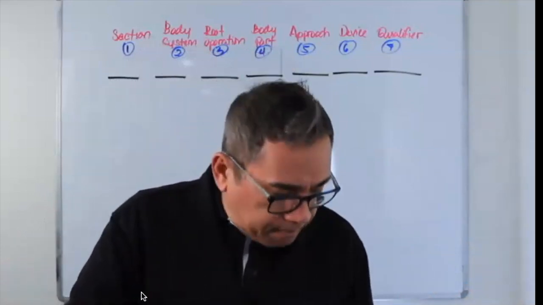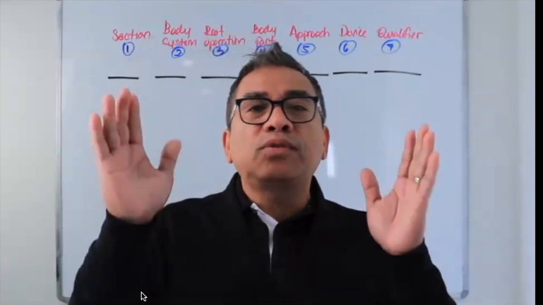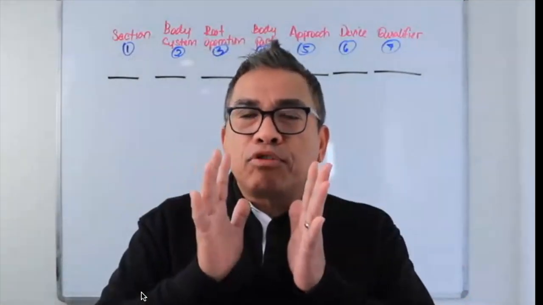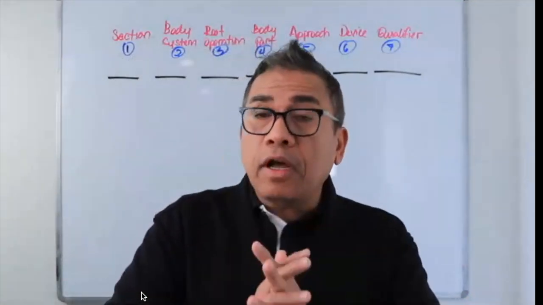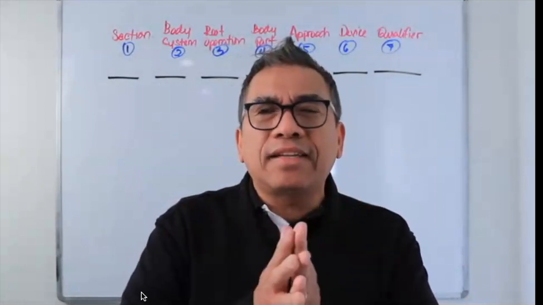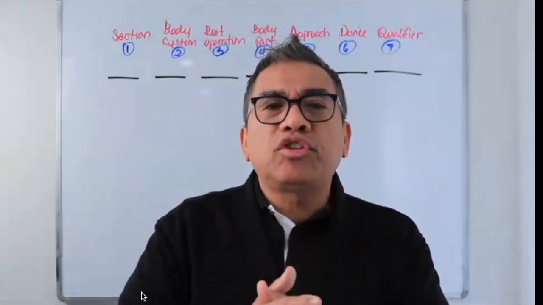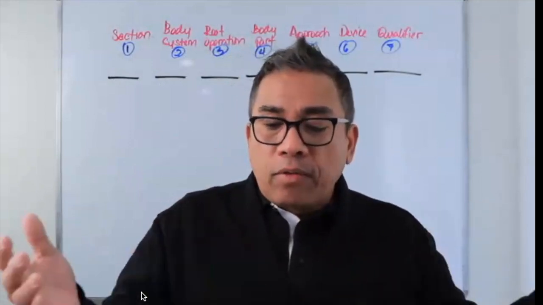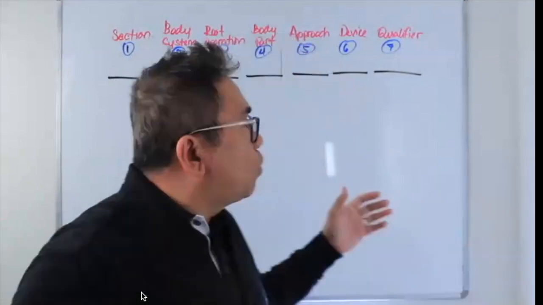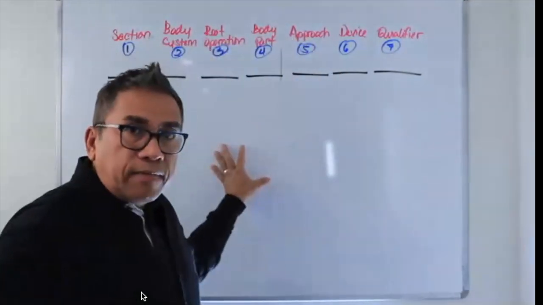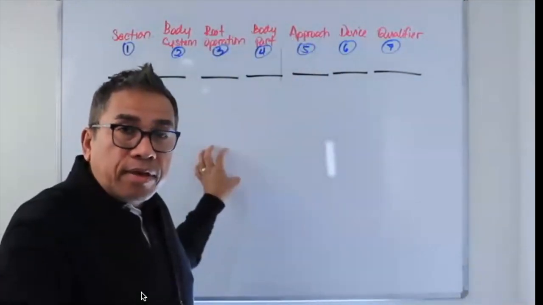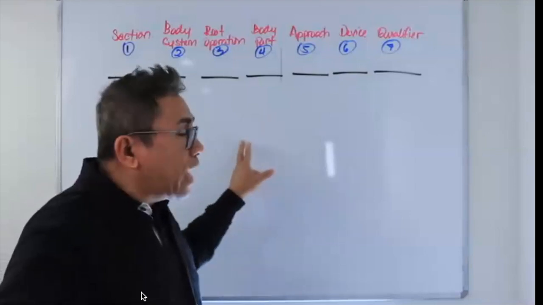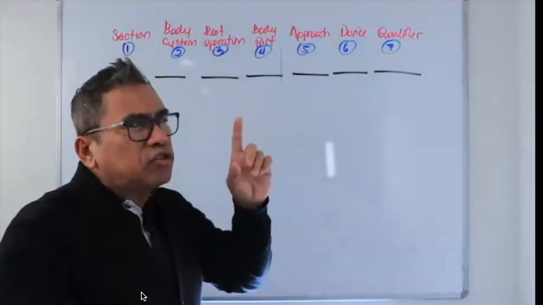Okay, now let's go to a procedure that's very common also, and let's see, guys, how this procedure is coded. We now know that when we build our code, right? You start with the root operation and then look at the body part, right? Let's try that once again.